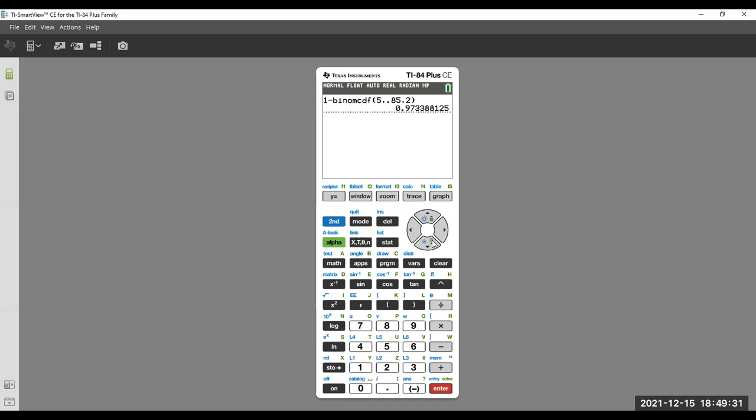And there's a 0.93973 and change. So we need the complementary arguments when we work with some of the cumulative binomial distribution questions. That can be a little bit tricky.